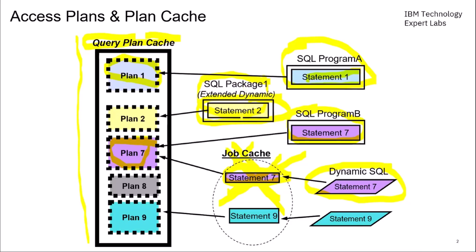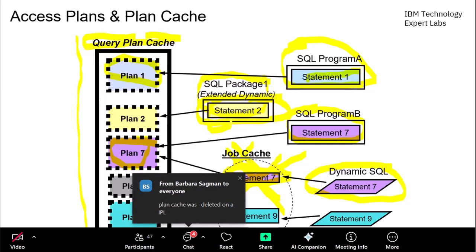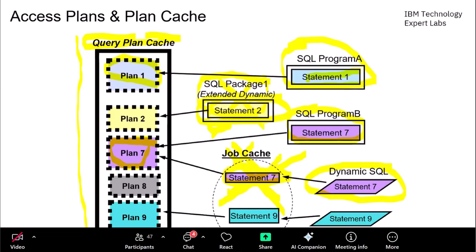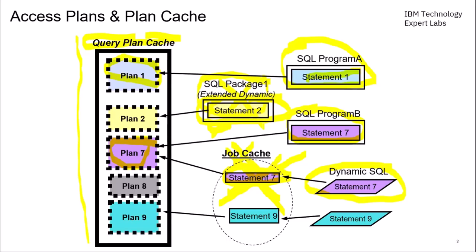And then when your JDBC connection or ODBC connection went away, that plan would persist. So this is really showing that now with the query plan cache, the need for these extended dynamic packages is less, because we've learned that the plans can persist even though the jobs running the SQL might disappear or be ended on the server.